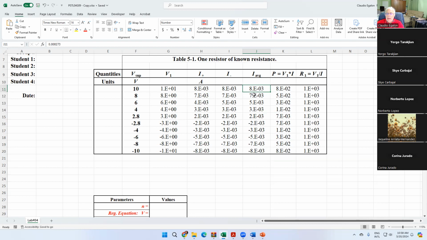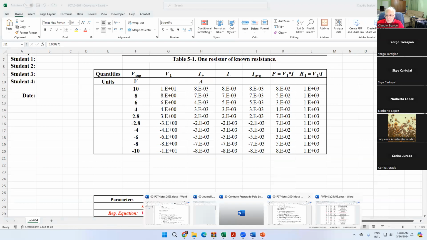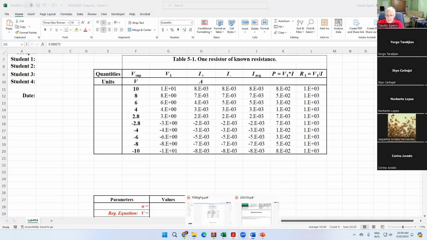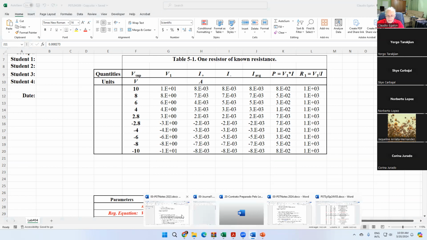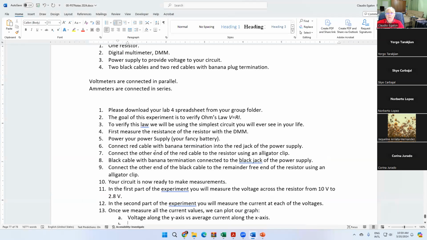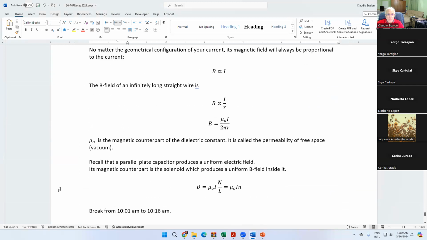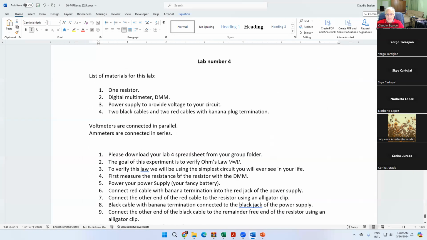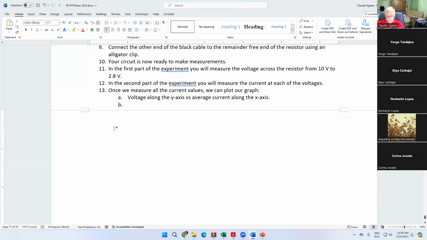This one is going to be a little bit tricky. Remember, the theory is something like that. Let me write down Ohm's law. Ohm's law is V equal to Ri.